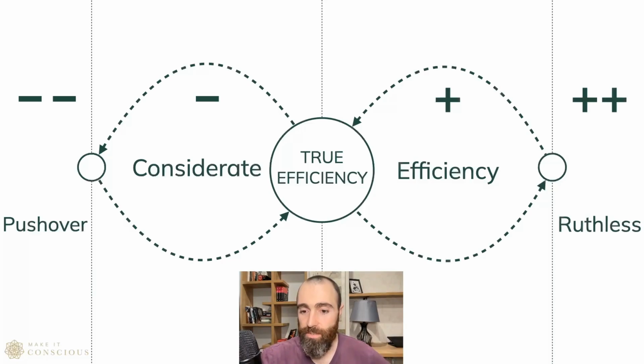In one sense, it's magnitude, it's quantity. Ruthlessness is a bit like efficiency taken to its extreme. It might be a mere image of efficiency that leaves out the deeper meaning of efficiency. It might be a caricature of efficiency, sort of refined in a bad way, refined in a negative sense, form of efficiency.